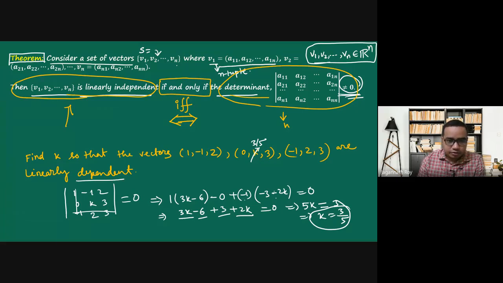If it is supposed to be independent, then we have to select the determinant to be non-zero. Anyway, or some other example we can refer.